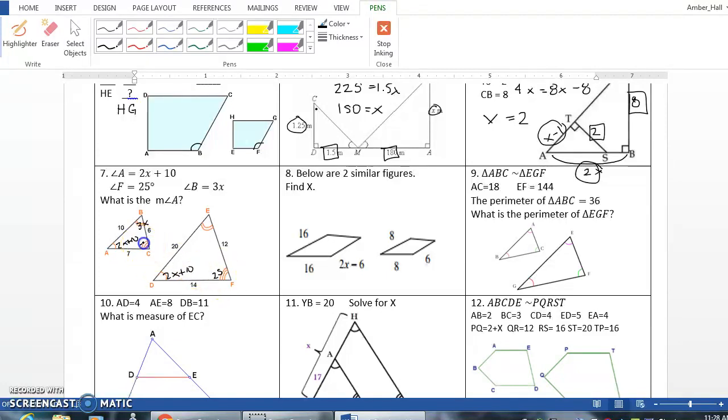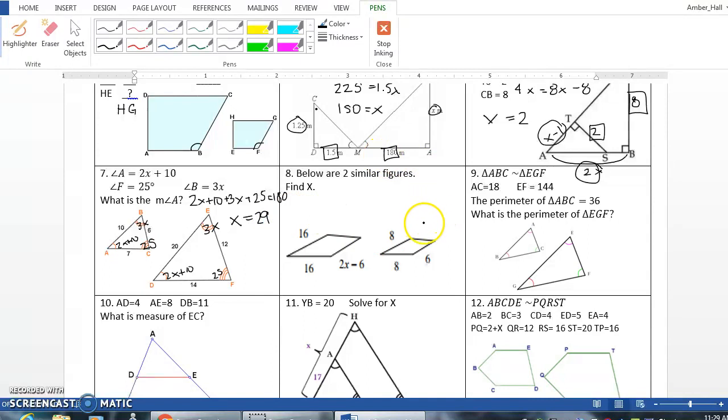F is congruent to C, so this is also 25, and B is congruent to E, so this is also 3x. So using what we know about triangles, if we add up all three angles, it equals 180. So it will simply be 2x plus 10 plus 3x plus 25 equals 180. Then we just need to solve this algebraically, and x equals 29.